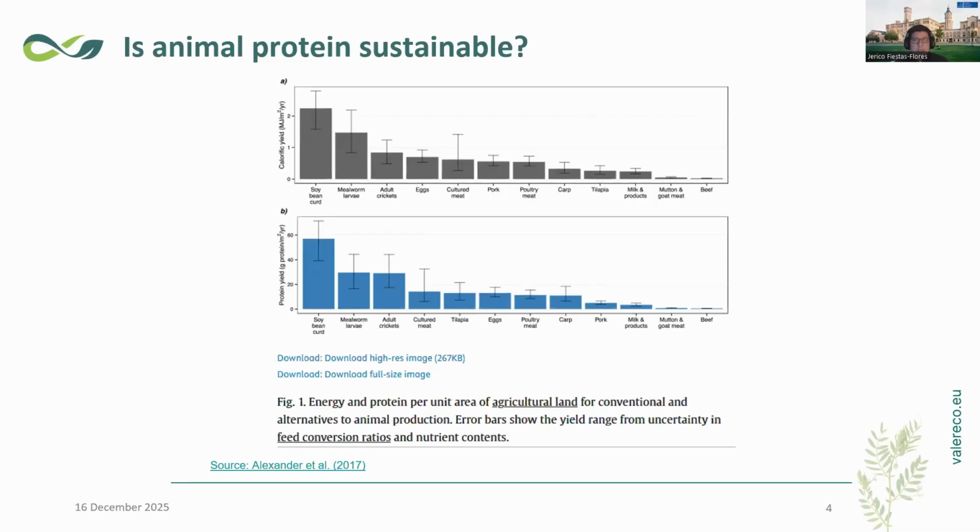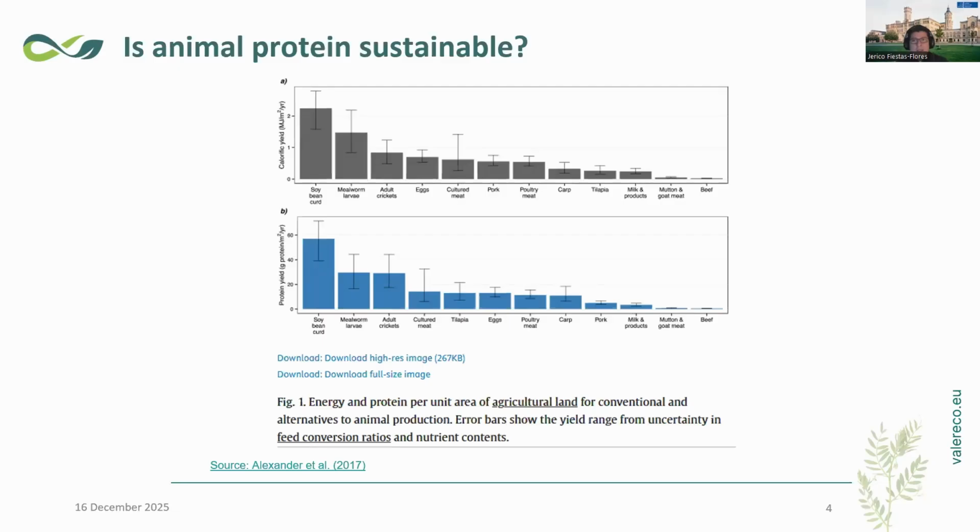Right? To produce, in this graph, for example, the study by Alexander et al. analyzes how much agricultural land is needed to create a protein or caloric yield, or also protein yield, of different alternative protein sources.